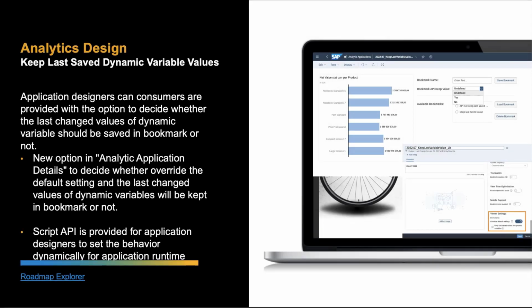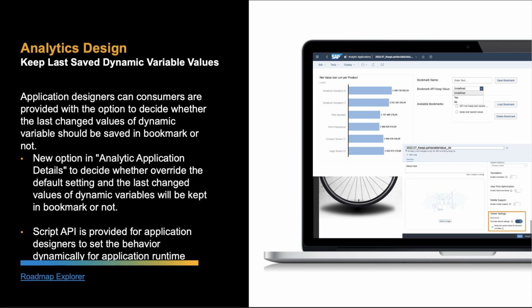In addition, we also deliver a feature that is important for bookmarks: saving the dynamic variable values. With this enhancement, you will be able to save the last selected values for dynamic variables in the bookmark.